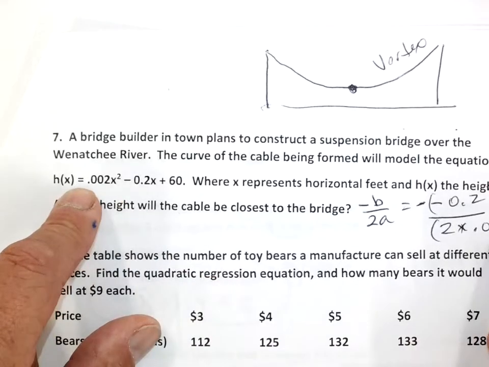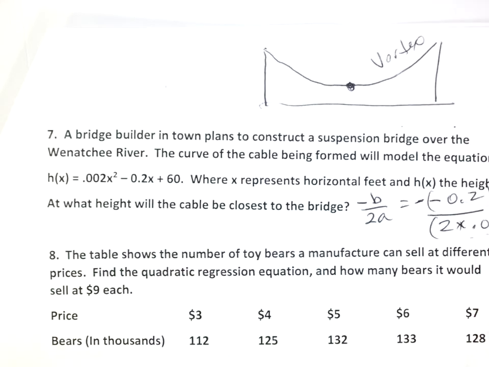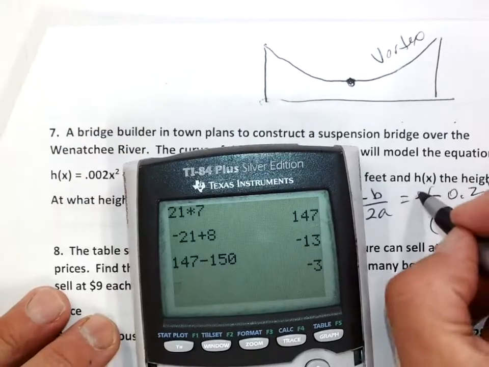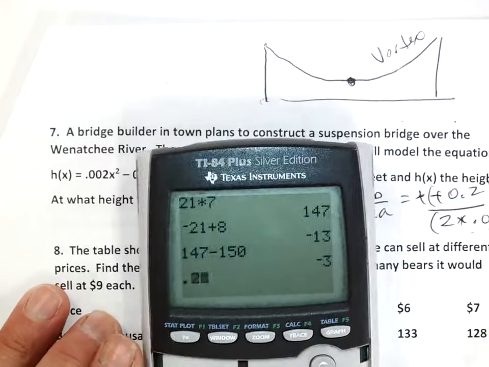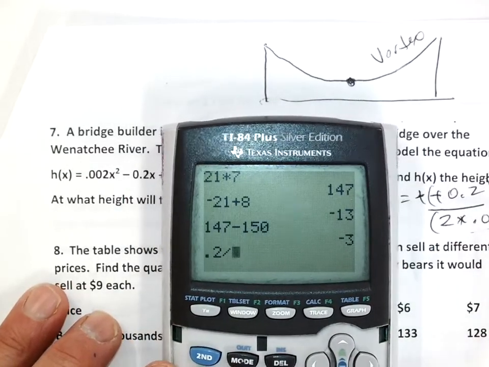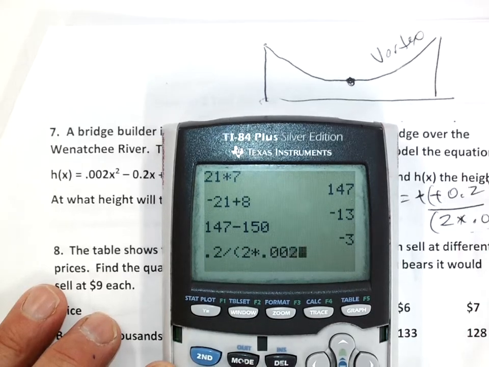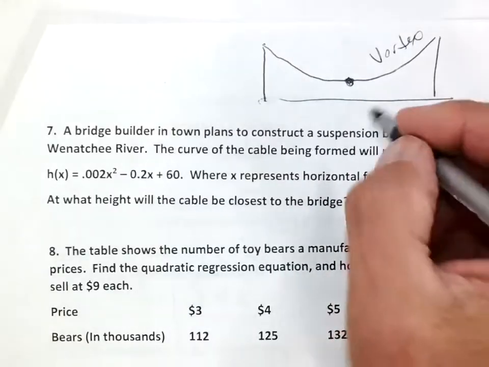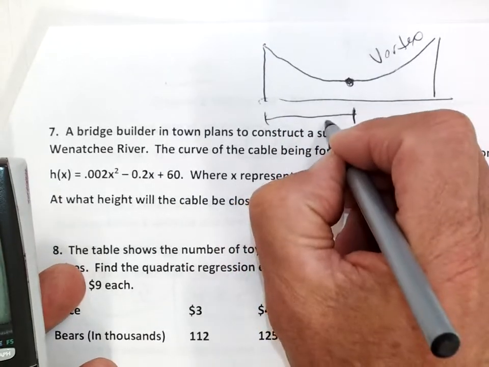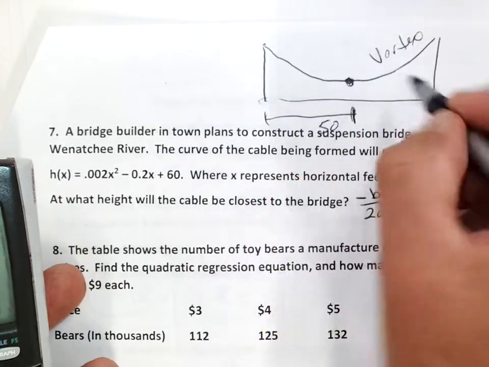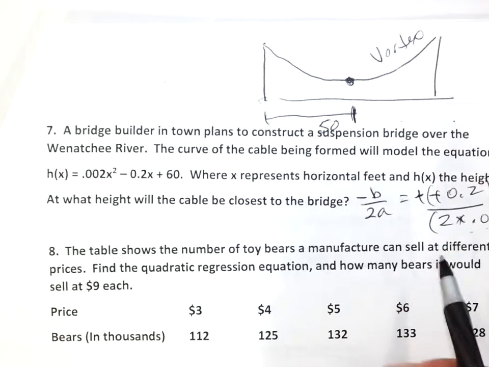Okay, let me go ahead and use my calculator. So double negative, yeah, positive, right? So we're going to go 0.2 divided by parentheses 2 times 0.002. I get an answer of 50. Okay, that means I'm 50 feet in from the bridge.